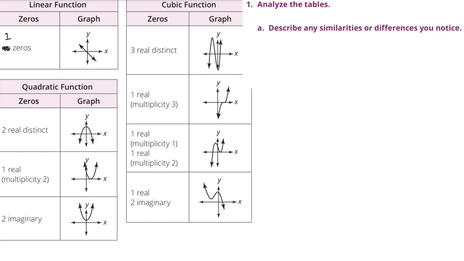So you said something about that they all have a maximum or a minimum. If it has more than 1 zero, it's going to have a distinguishable maximum or minimum.